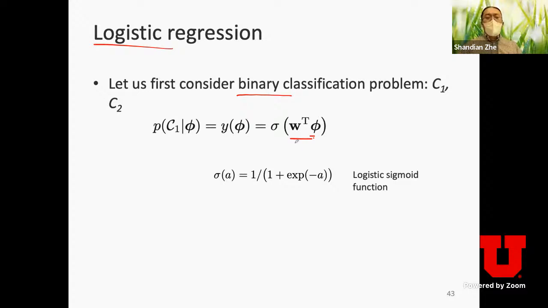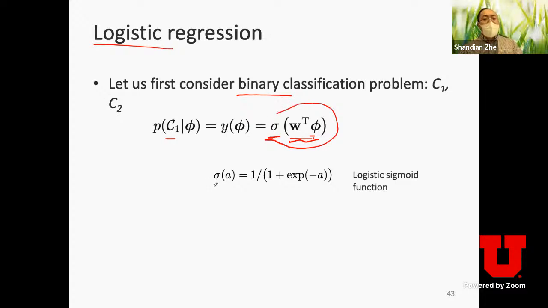It's the same framework. Once we get our prediction score, we use a sigmoid function or logistic function to transform this score into a range between 0 and 1. So we model the probability that this instance has label C1 as this transformed probability.